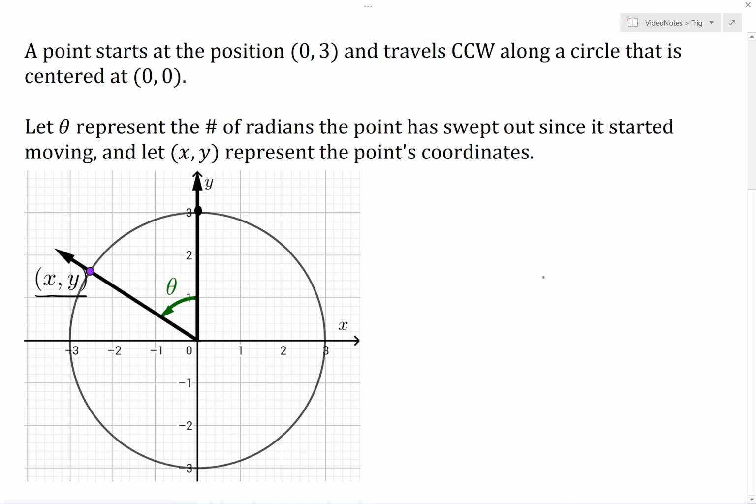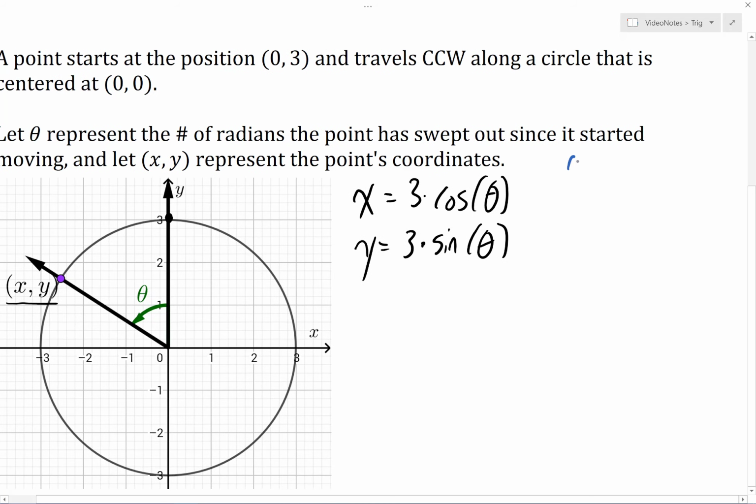So can we write a formula that expresses x in terms of theta and y in terms of theta? You might feel tempted to write something like x equals 3 times cosine of theta and y equals 3 times sine of theta, just based on a lot of the context we've already seen so far.